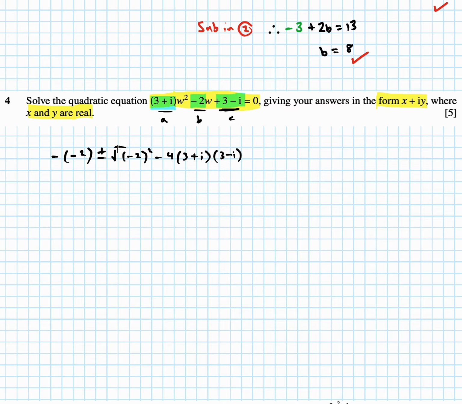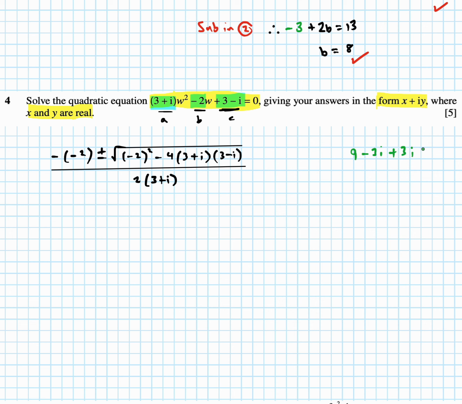It looks like 1 there for a second. A nice little line there for us, and another line underneath. 2 times 3 plus i. That last part is above the 4ac, so let's multiply that out.